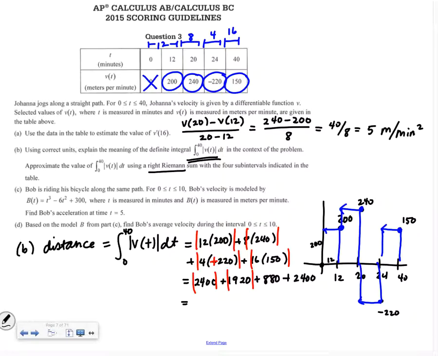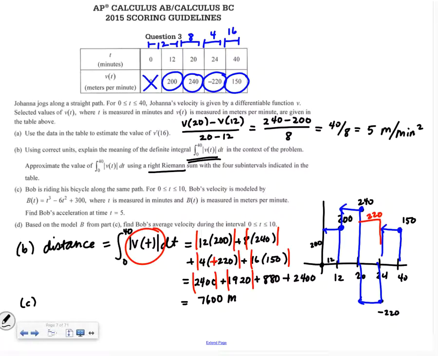So let's see, 4800 plus 880, so 7600 meters. Since we're integrating something that's meters per minute, we're going to end up getting meters in the end. Okay, so basically this rectangle that was below now goes above and has a height of 220 because we were taking the absolute value.